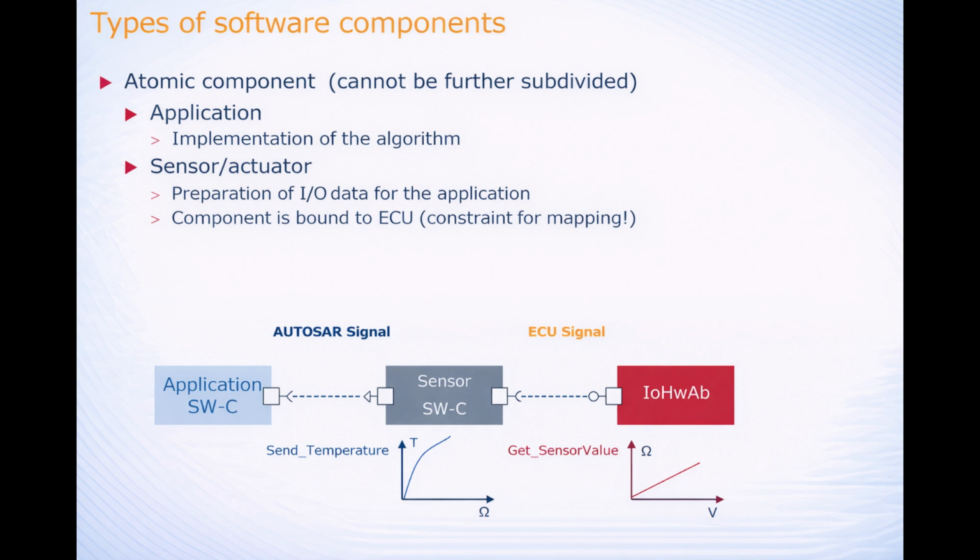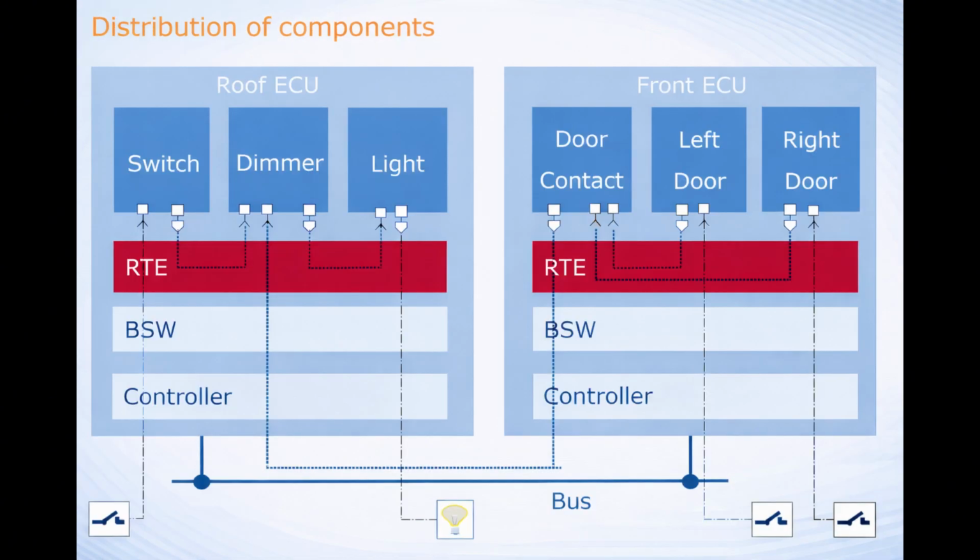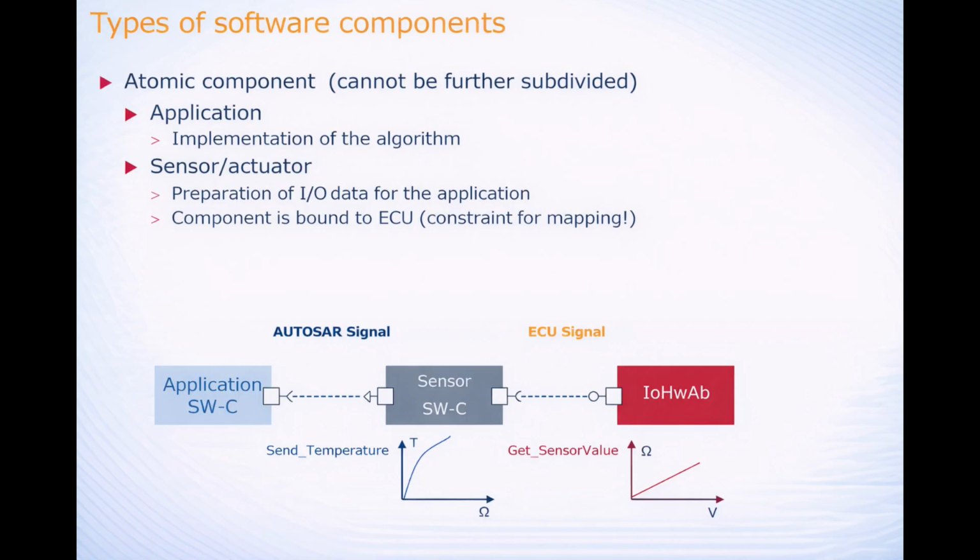So we are talking here just about a difference in name, nothing else. And below that, we need some way of getting the information from the lower layers, so of getting this information all the way up through this stack or all the way back down to the lower layers. And this is where we have another module called the IO hardware abstraction.